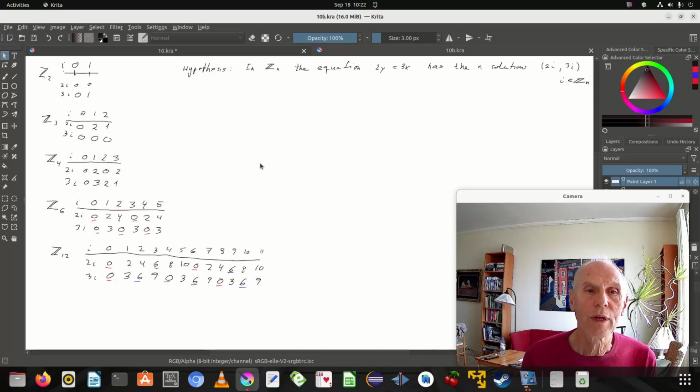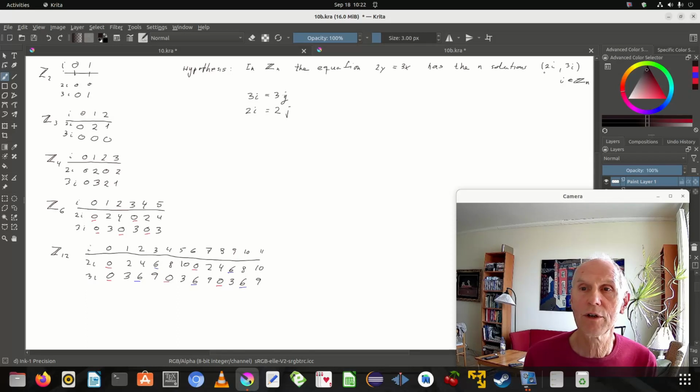So, can we prove that these guys are distinct? Assume to the contrary that 3i equals 3j, no, 3j, and 2i equals 2j.